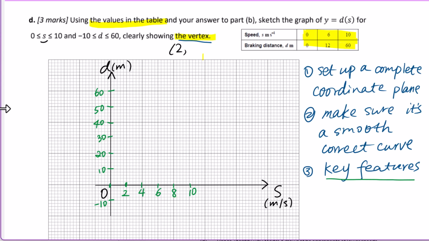Vertex (2, -4), it's here. (0, 0), (6, 12), (10, 60). Then smoothly connect these 4 points.